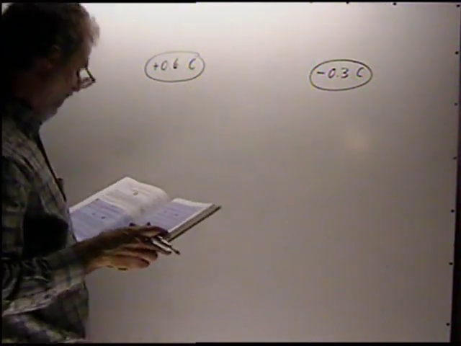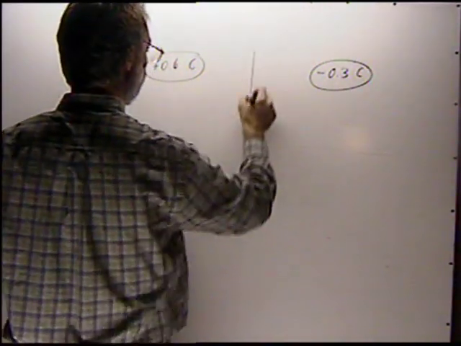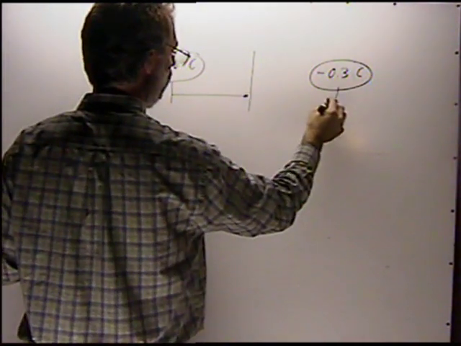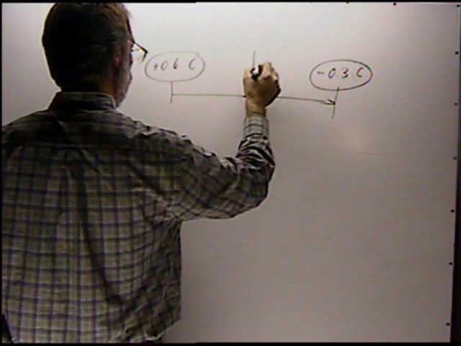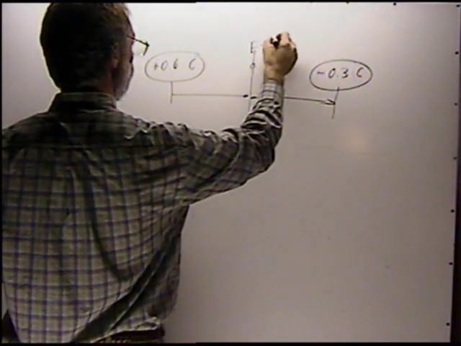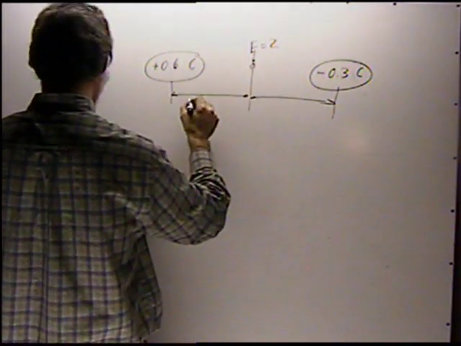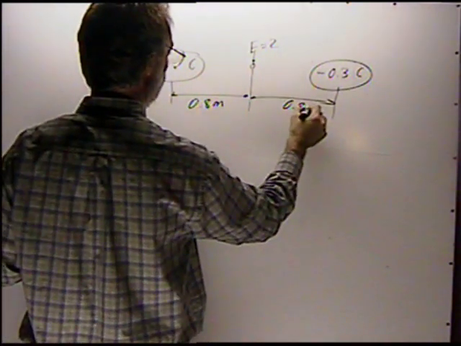So what we have here is, right in the middle, from here to here, we want the electric field right in the middle. What is the electric field right in the middle? This is 0.8 meters, and this is 0.8 meters.